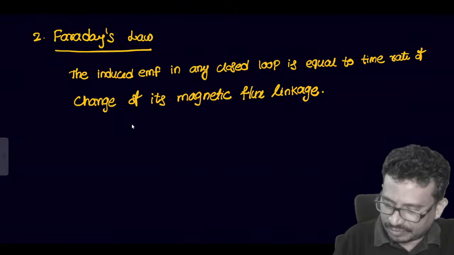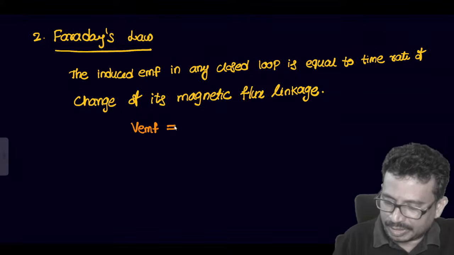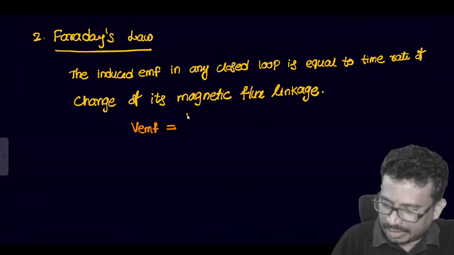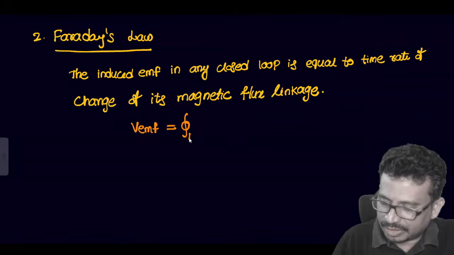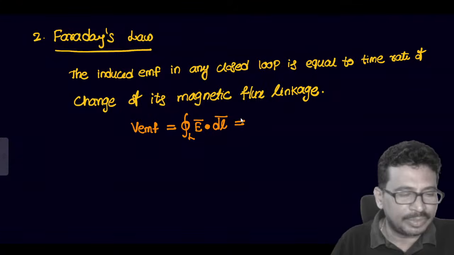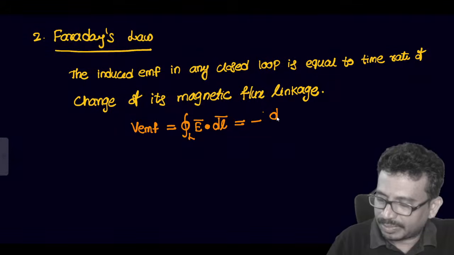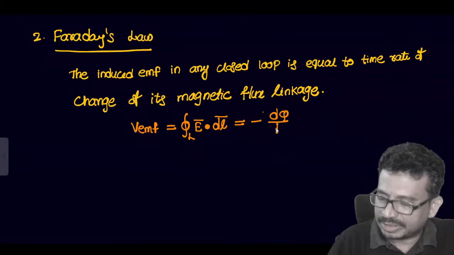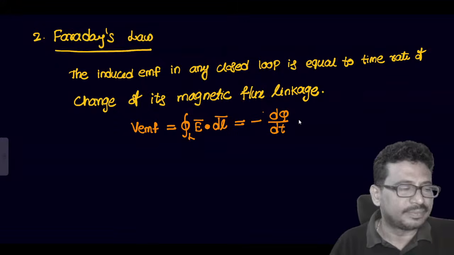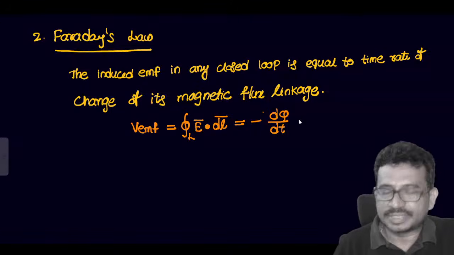You can see here Faraday's law, that is the induced EMF in any closed loop. That's why the closed line integral of E bar dot dl around the closed loop is equal to what? Tell me now. The time rate of change of its magnetic flux linkage, that is d phi by dt, where phi is the magnetic flux.